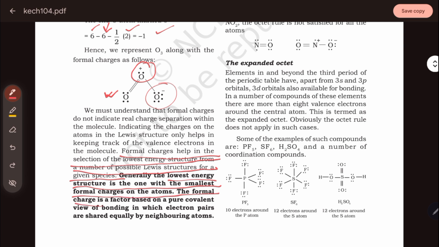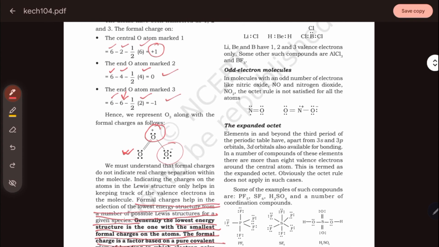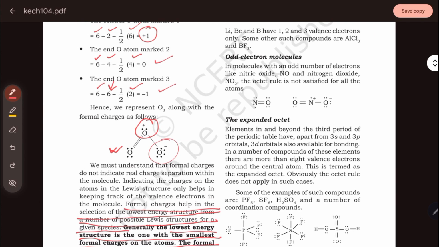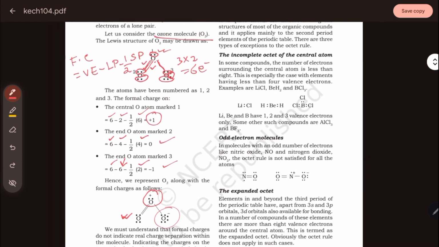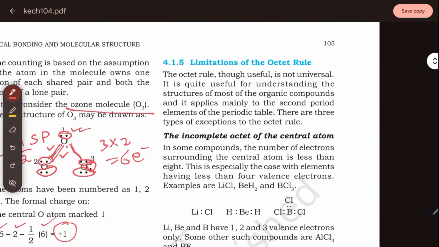The formal charge is a factor based on a pure covalent view of bonding, in which electron pairs are shared equally by neighboring atoms. So minimum formal charge, here it is +1 -1 gives 0. So there is no charge over the molecule. So O3 doesn't have any charge over the molecule.